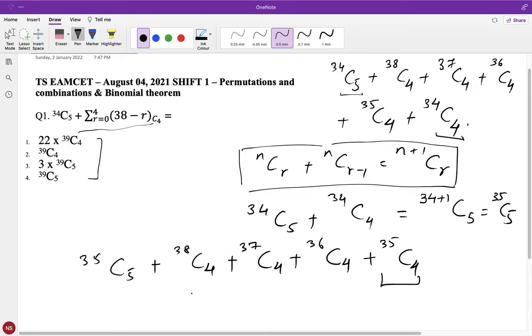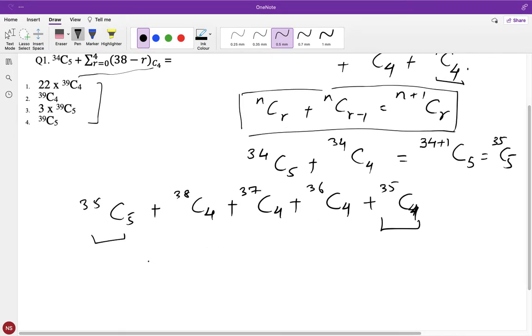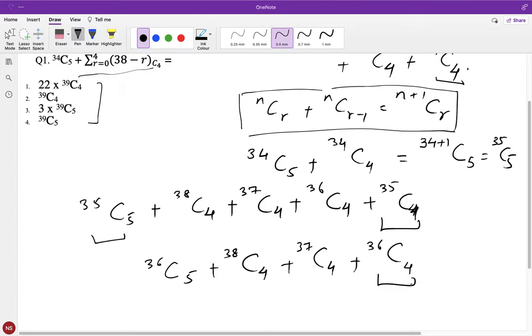Now we will combine these two. 35C5 plus 35C4, what will this be? This will become 36C5, right? 36C5 plus 38C4 plus 37C4 plus 36C4. Now we combine these two.